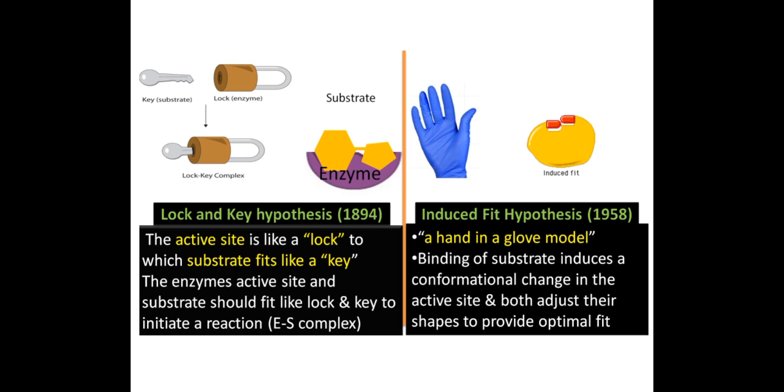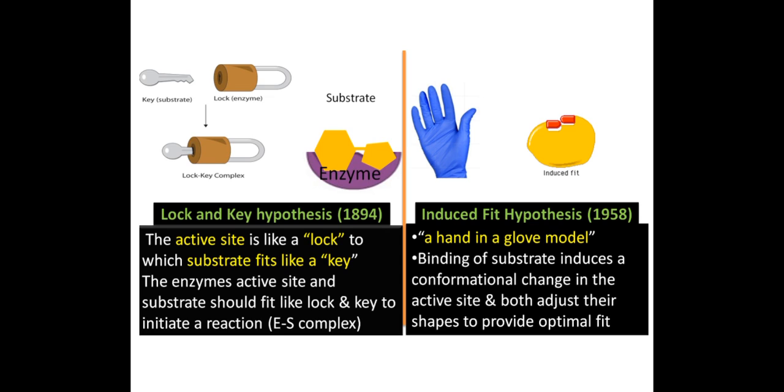So look here, the difference between the lock-key hypothesis and the induced fit theory. In the lock-key hypothesis, the active site is like a lock to which the substrate fits like a key. The enzyme active site and substrate should fit like a lock and key to initiate the reaction and form the ES complex.